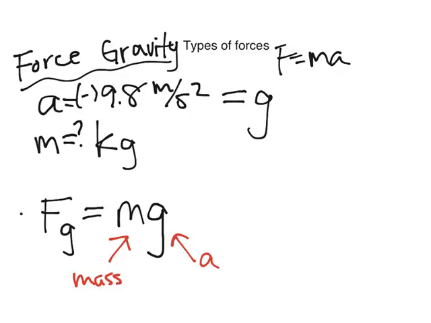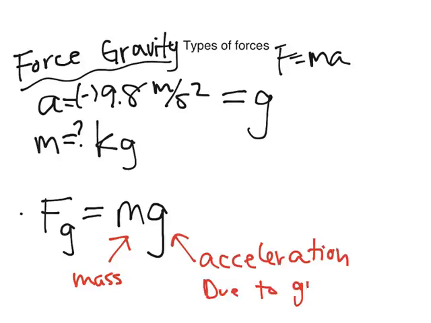In case you don't remember what a is in your notes, it's acceleration due to gravity, which we do know to be 9.8. If you round to 10, that is fine.